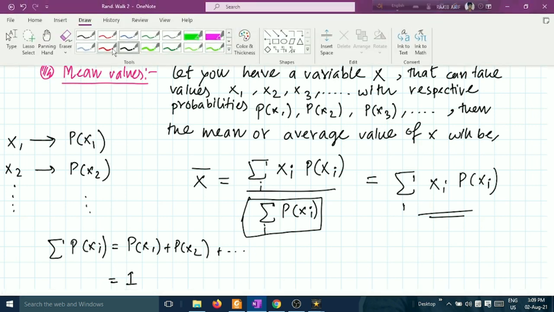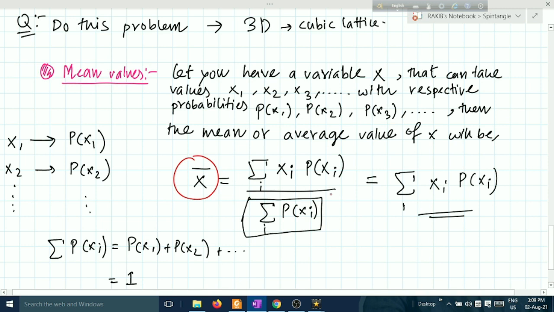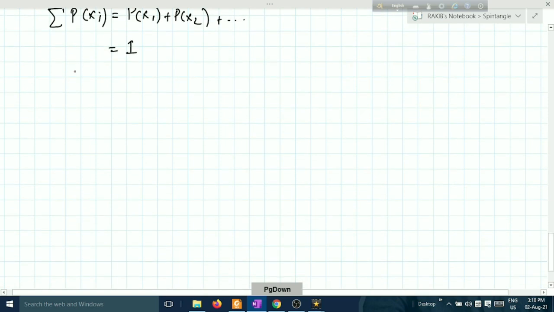Now let us understand what mean is. I am giving an example.